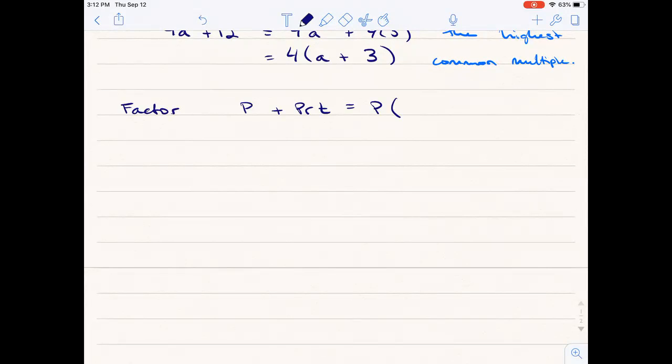And so we can't forget about that 1 here, because if we just said P times RT, when we multiply back in, we only get this term and we've lost that term, right? So that's another thing that you want to keep an eye out for. So you have to keep that 1 plus R times T. Okay.